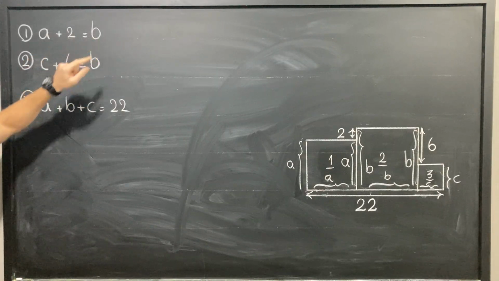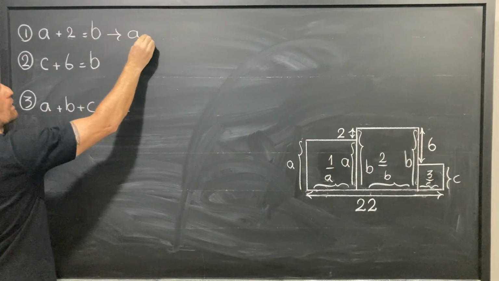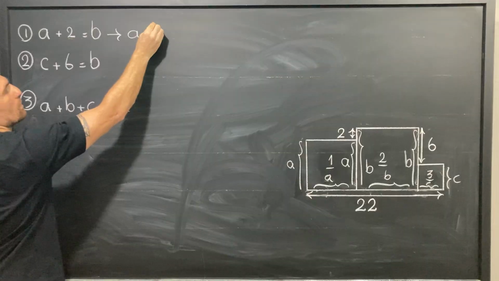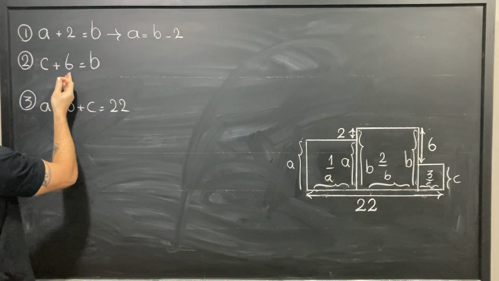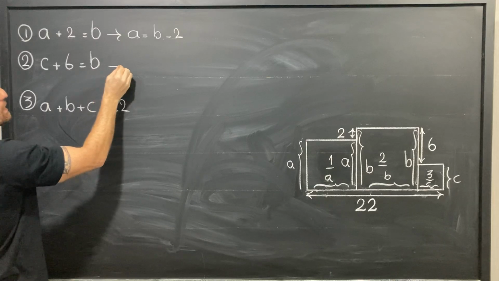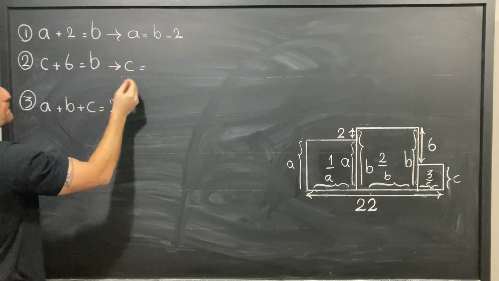Now, let's find out the value of A and C and substitute here. A plus 2 equals B. What is the value of A? So A is gonna be B minus 2. Also, C plus 6 equals B. What is the value of C? It's gonna be B minus 6.